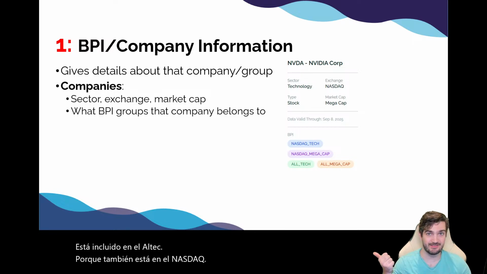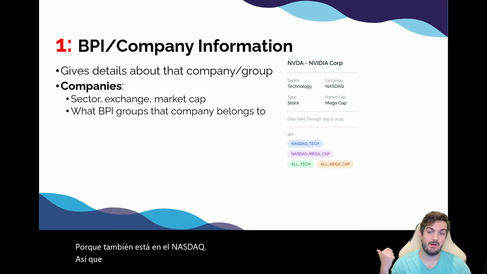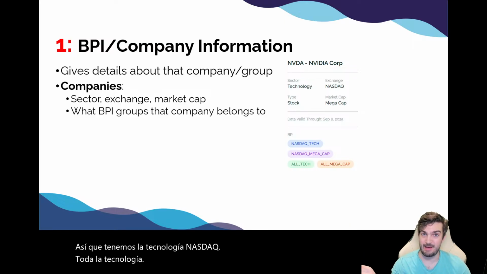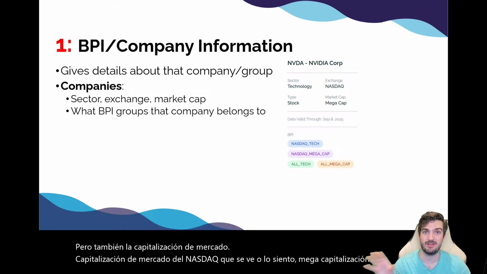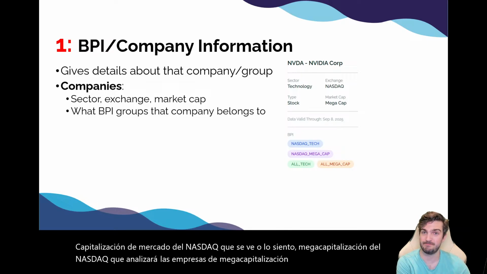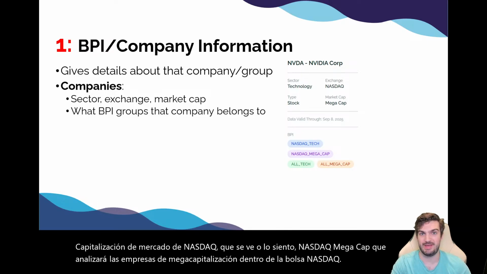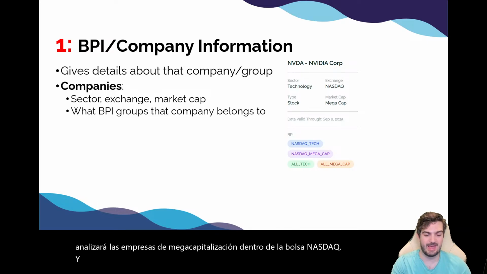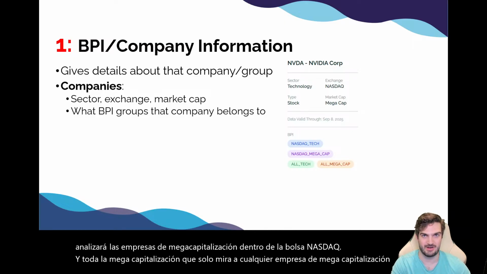So we have NASDAQ technology, all technology, but also market cap: NASDAQ mega cap, which will look at mega cap companies within the NASDAQ exchange, and all mega cap, which just looks at any mega cap company from either the NASDAQ or the New York Stock Exchange.